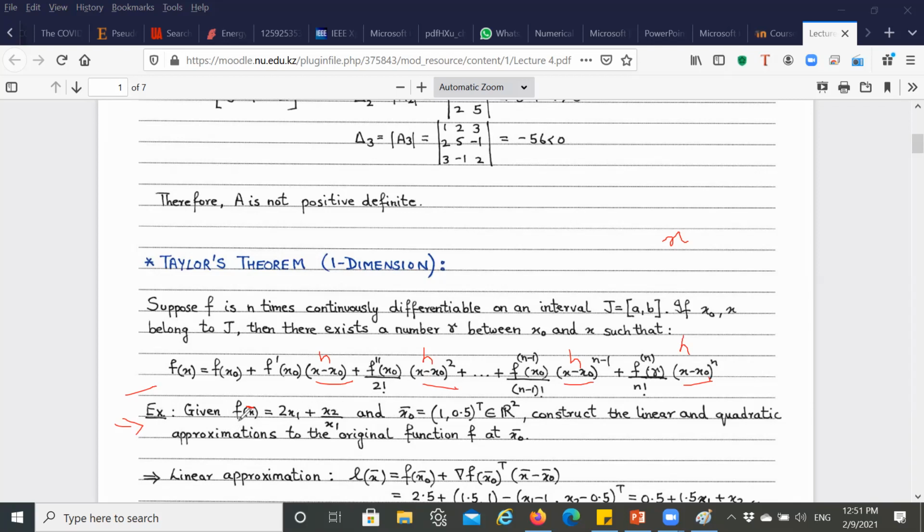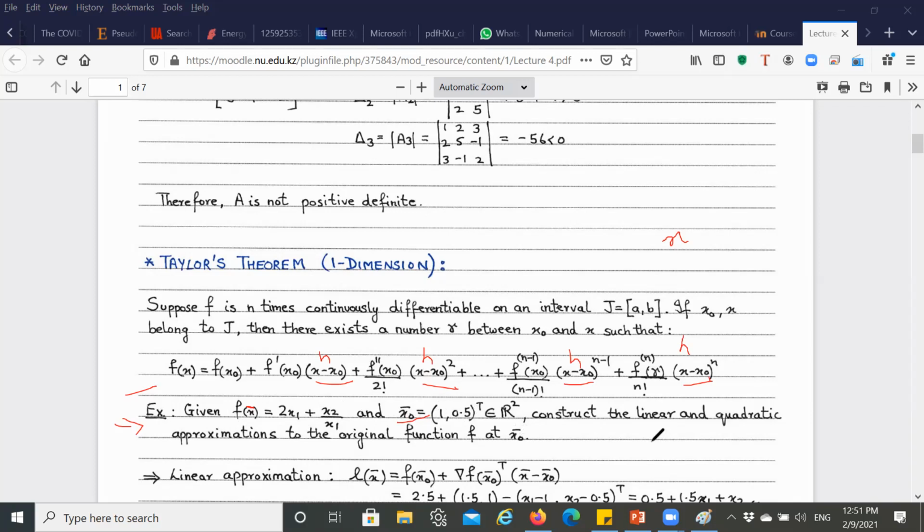This is the function defined for this vector x in terms of vector x, and I've given you some initial point, which is also a vector x naught, where x1 naught is 1 and x2 naught is 0.5.